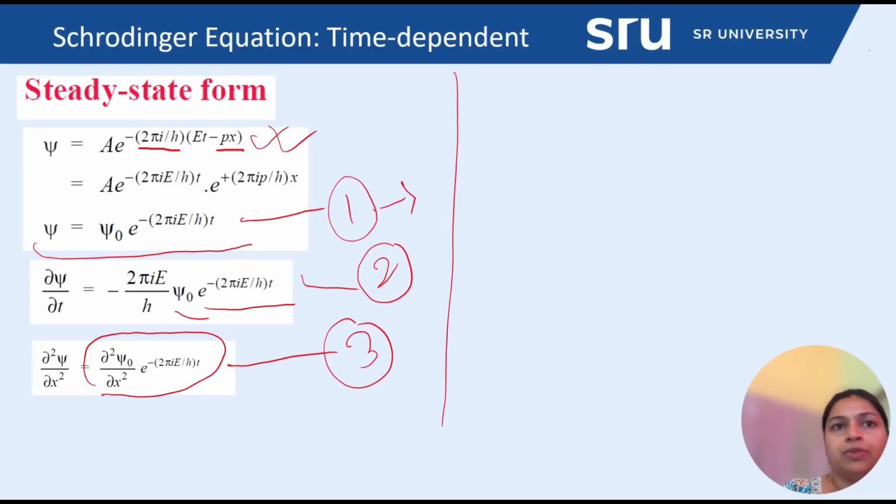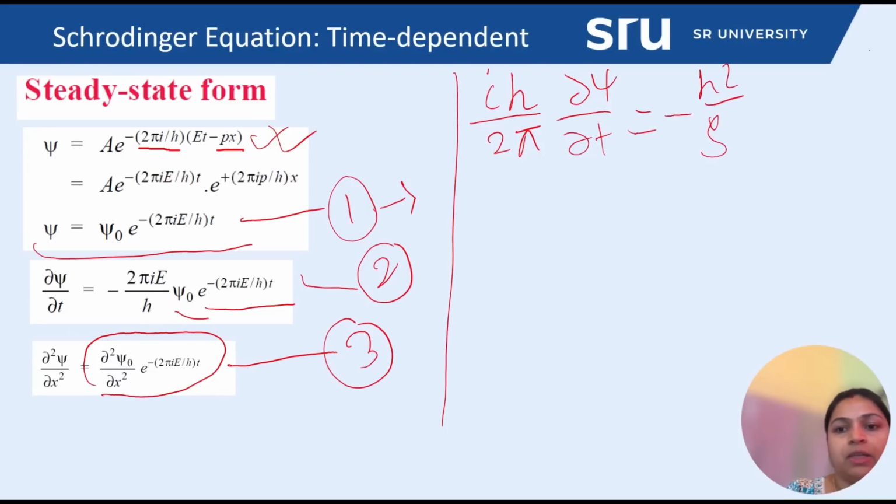We know the Schrödinger equation is i h by 2 pi del psi by del t is equal to minus h square by 8 pi square m del square psi by del x square plus V psi.